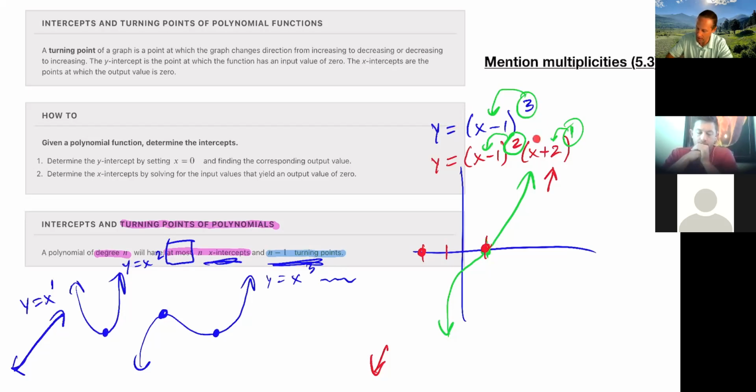But I also know at -2, it's an odd multiplicity. And odd meant that it's going to go to the opposite side of 0. These are all negatives. These are positive values. Then at this value, which is the +1, it has a multiplicity of what?